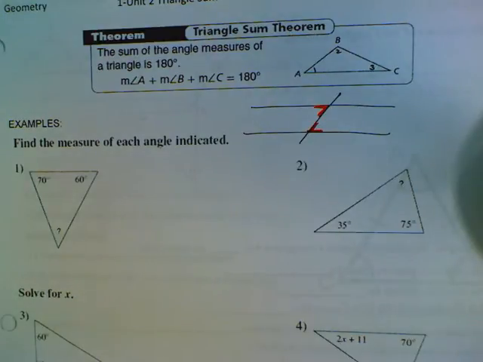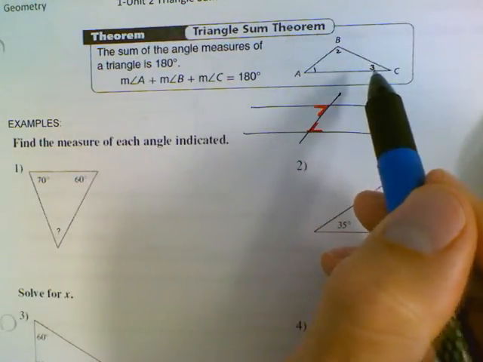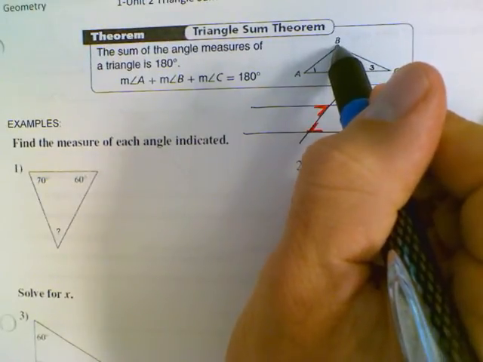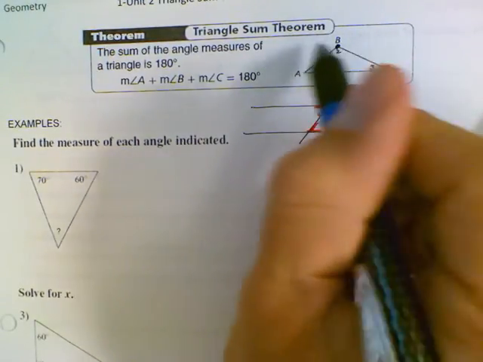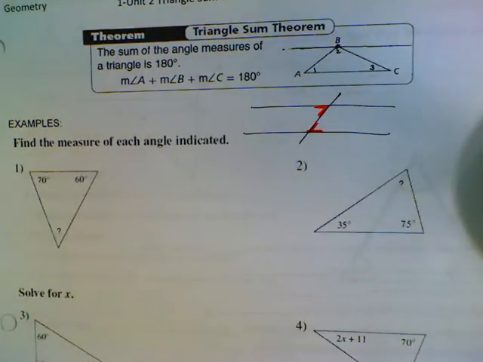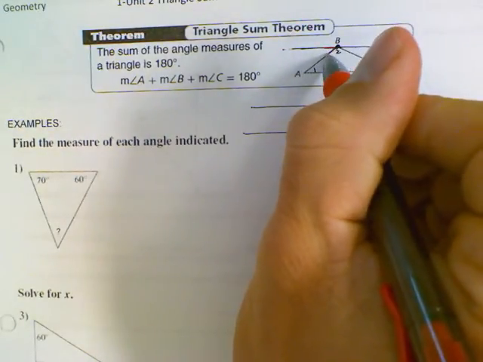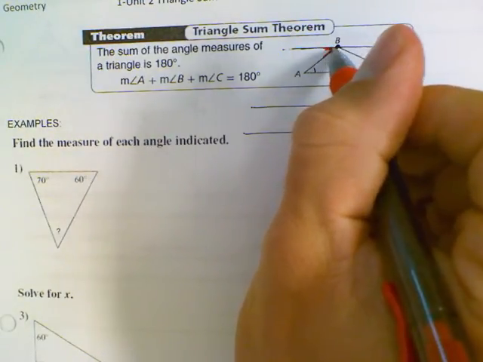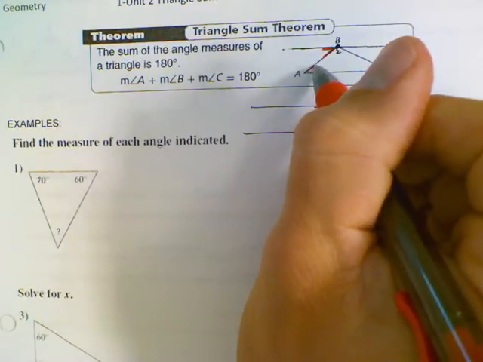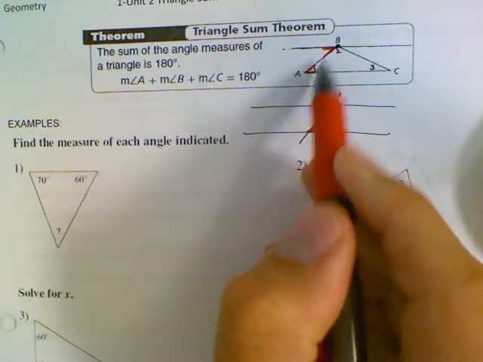Okay, so basically, if I have a triangle, any triangle I can do this to, I can come up here to the apex of the triangle and just draw a parallel line. And what that parallel line will do is it will create alternate interior angles right here. This and this, right? So you can see that those 2 red angles have to be the same.